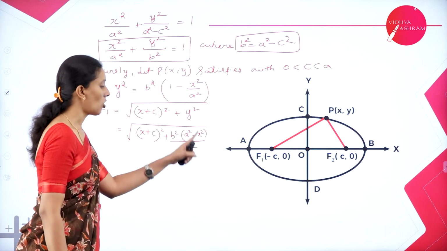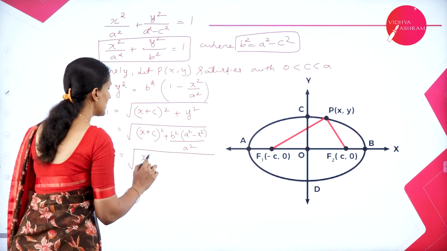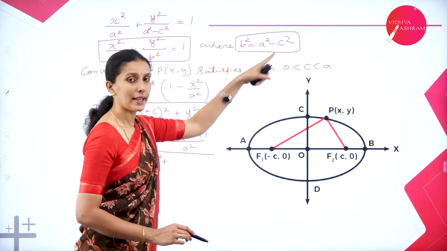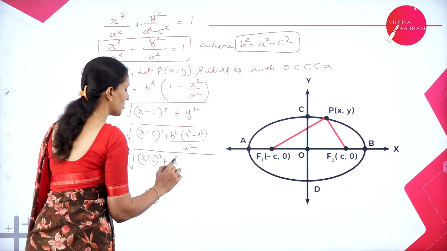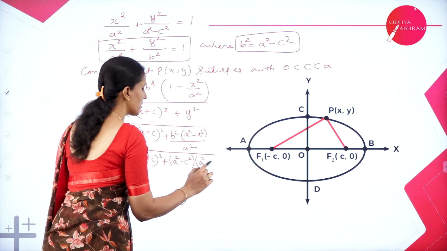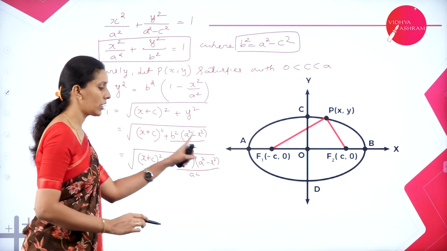Now on solving this, b square can be written as a square minus c square using the relation. So here we have a square minus x square whole divided by a square, all under the square root.